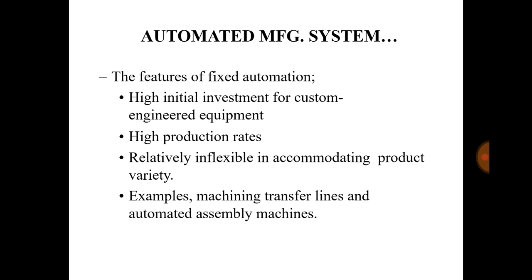Fixed automation is applicable to process industries. The examples are cement manufacturing, and oil and gas. To these industries we can apply fixed automation where there is no change in the product. Your industry is manufacturing a single product and there is no variation in it.